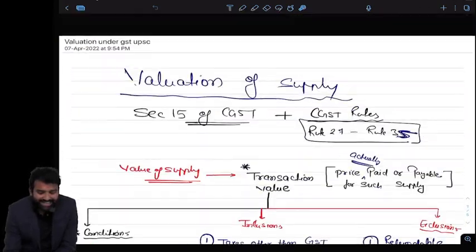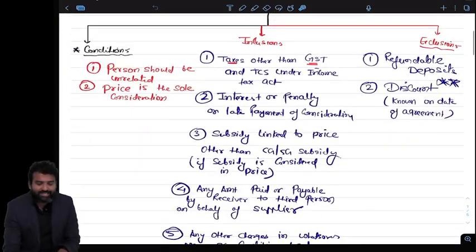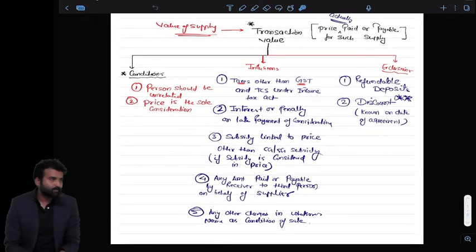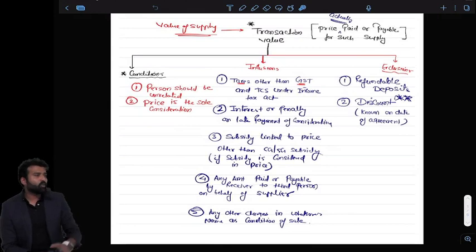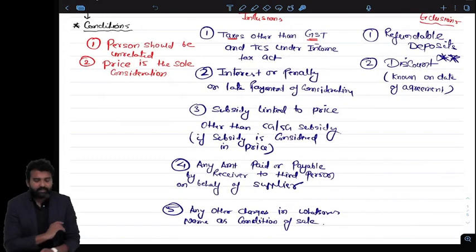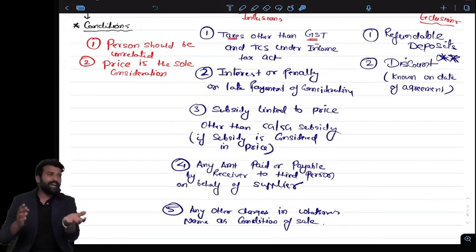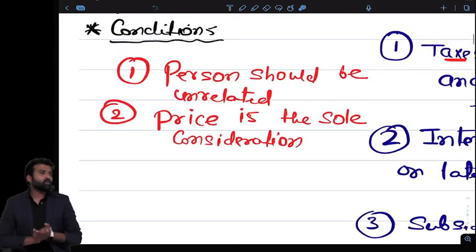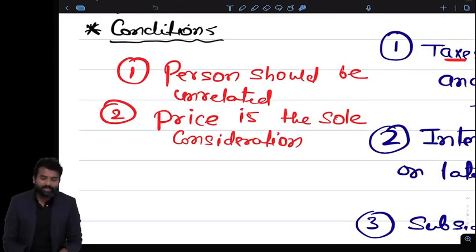So what exactly does valuation say? While calculating the value, we have to choose the price. And in that price, we have to include 5 different inclusions: taxes other than GST and TCS, interest on late payment, subsidy other than government, amount paid to a third person on my instruction, or any other charges. But for this valuation, I have to fulfill 2 conditions: the person should be unrelated and the price should be the sole consideration.